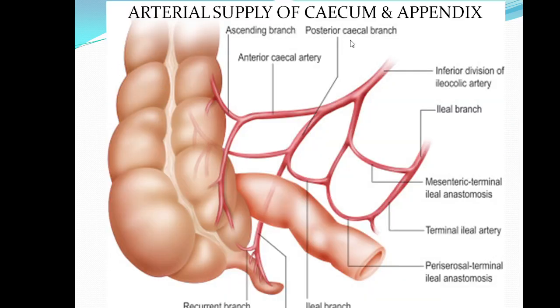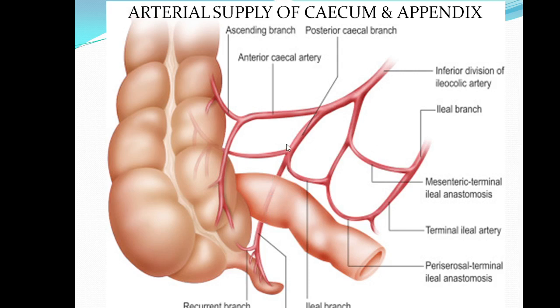Here, this is a diagram showing the blood supply of the cecum and appendix. You can see the inferior division of the ileocecal artery, which gives anterior and posterior cecal branches.